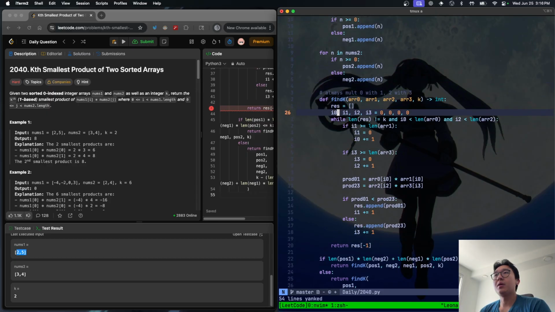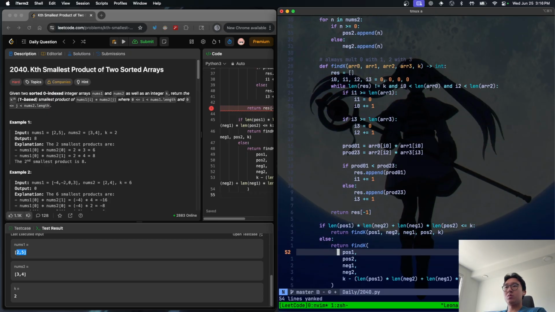Now we have to do one thing. Because we can have, oh my God, we can have multiple cases right here as well, right? Wait, but length? Okay, so this one, positive, negative.